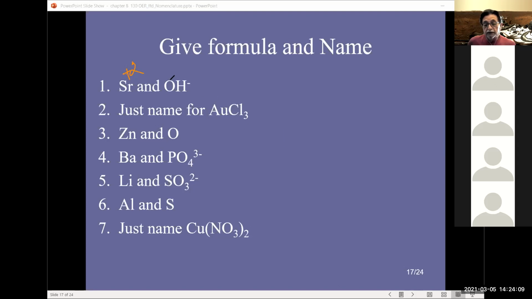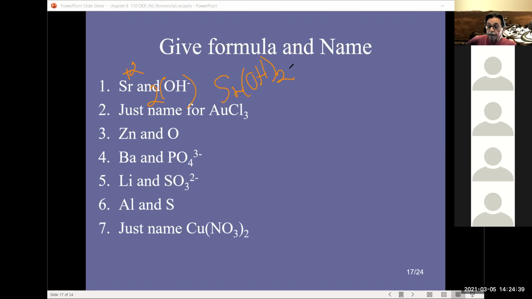The OH minus is a polyatomic ion, and so I'm going to need 2 of those. I'm going to put my handwritten one first, and then we'll do the one that's a little bit neater. So Sr(OH)2, strontium hydroxide.